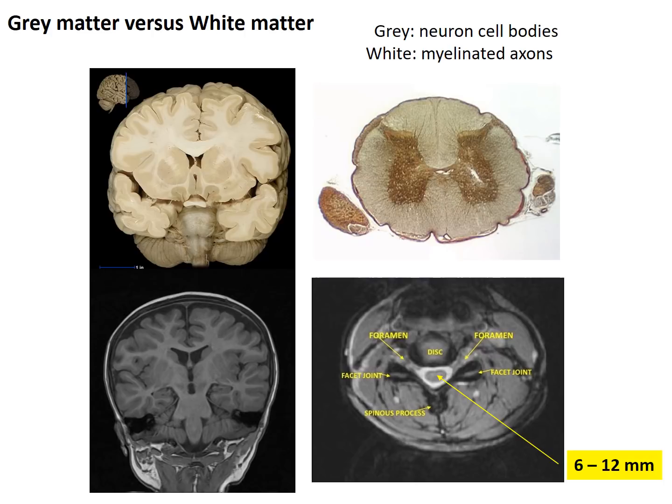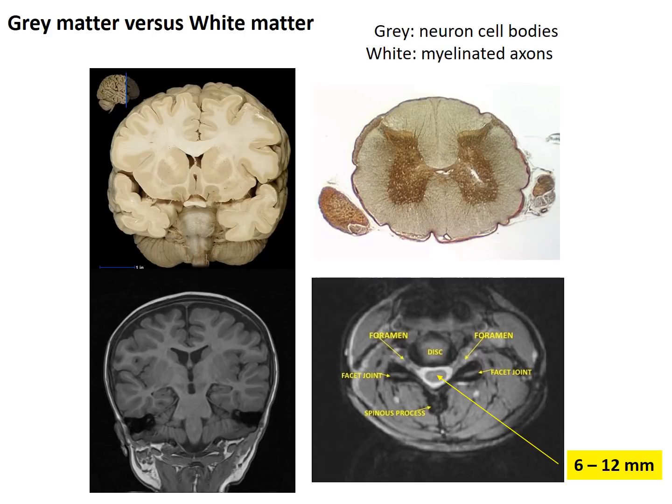If you look at the brain, you see the gray matter tends to be out laterally and the white matter centrally, although you can see deep central in the brain, many areas of gray matter. Can you see that? And then if you look at the spinal cord, you see that the gray matter is primarily central and the white matter is out laterally.